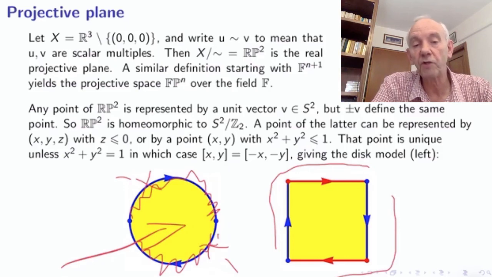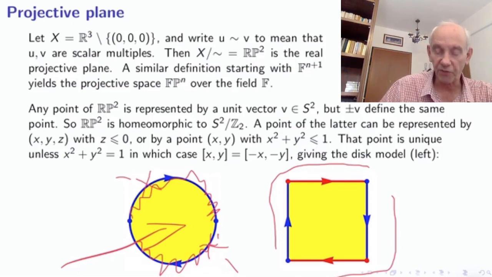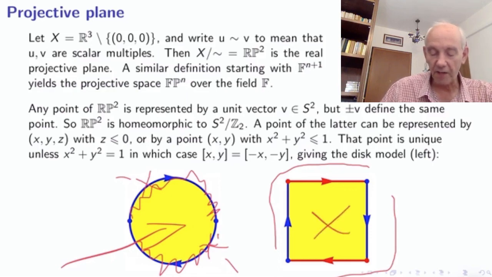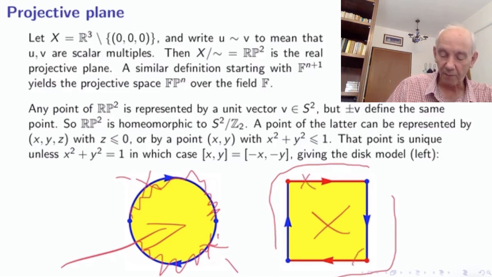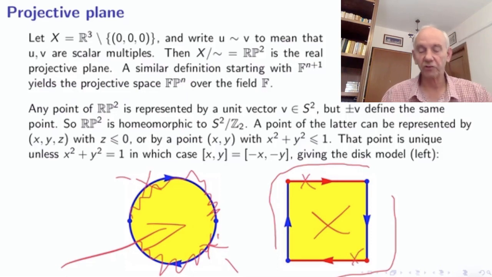So you can think of the real projective plane as corresponding to all the points on the inside, uniquely specified, but then on the boundary, you've got to bear in mind that any point on the boundary, this point here, is the same point as the one I just crossed above.